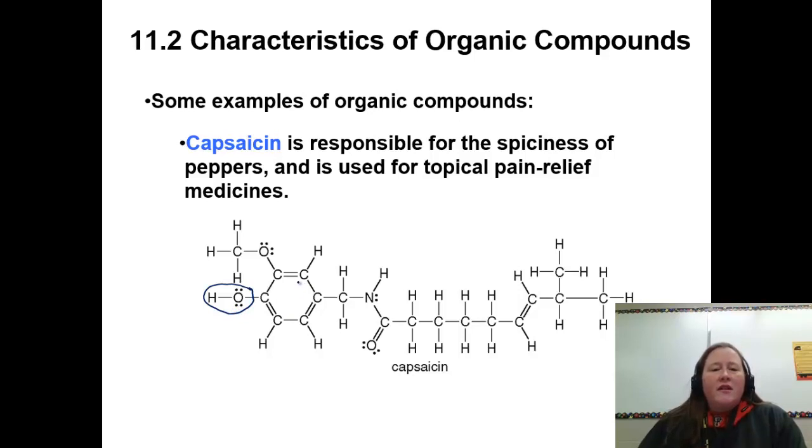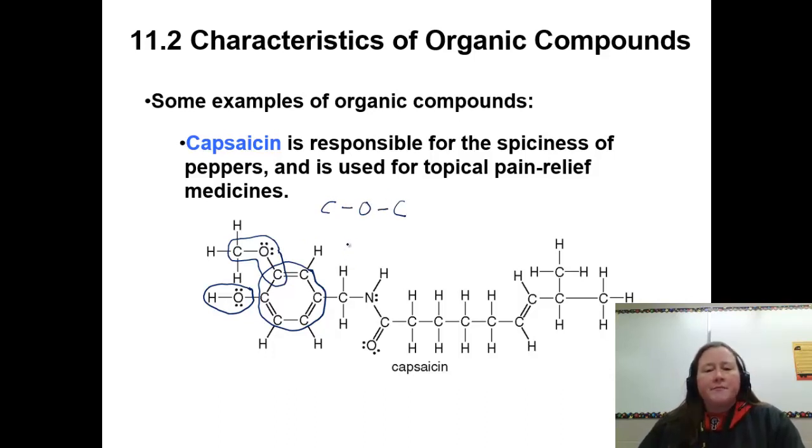You will learn that this right here is called an aromatic group. This structure right here, in which we have carbon, oxygen, carbon, is called an ether.